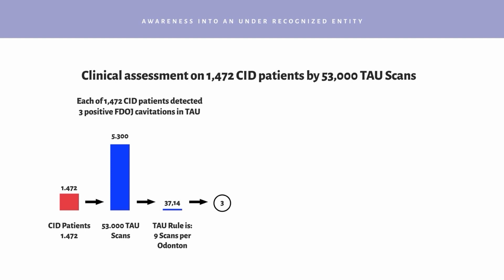And as we of course check each tooth with 3 scans, as we scan healthy jawbone before and healthy jawbone behind a suspicious jawbone area, we got more than 73 scans per CID patient. That means in the outcome that in each of these 1,472 patients we detected 3 FDOJ cavitations with this TAU machine.